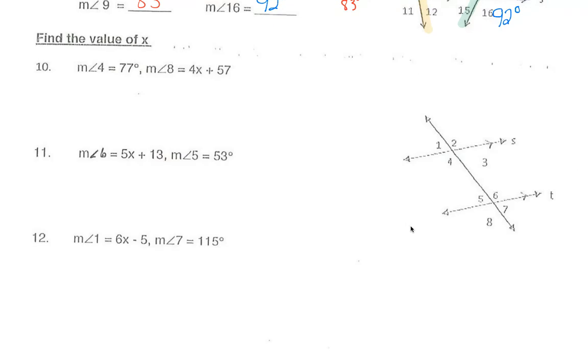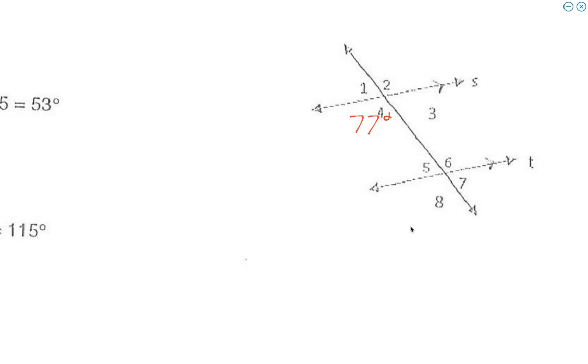All right, number 10, we have the measure of angle 4, which is 77. And 8 is 4x plus 57.